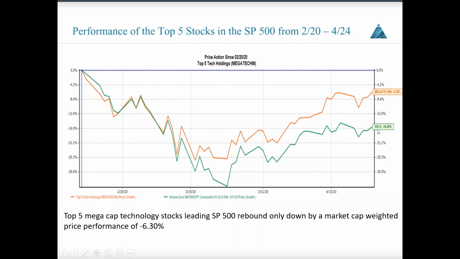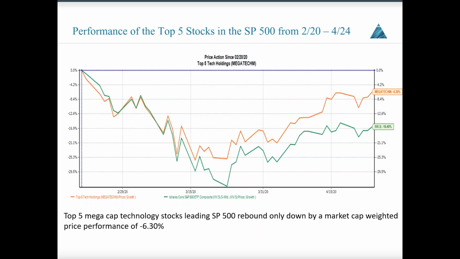And you can see that the IVV is still down roughly 16.4% over that same time period. And so that tells us that we've got real issues down below with companies that have just literally been taken to the woodshed throughout this pandemic.